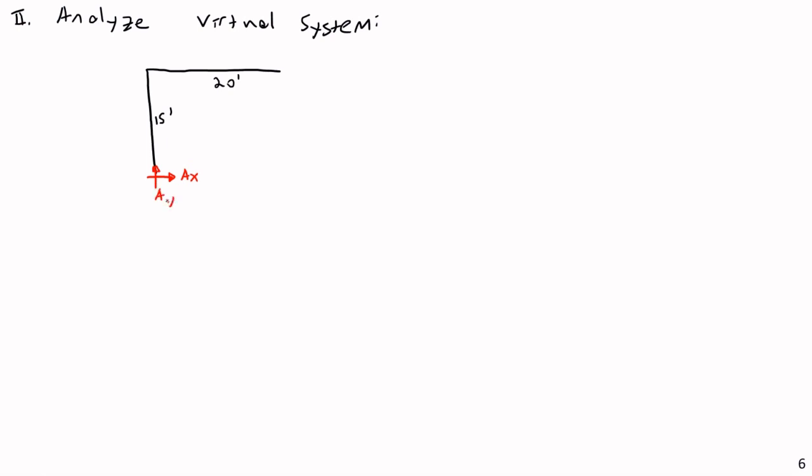Well, they won't be the same magnitude, sorry. If we have a pin in the real system, we'll have a pin in the virtual system. If we have a roller in the real system, we'll have a roller in the virtual system. So if you have an AX in one, you'll have an AX in the other, although the magnitudes of each, and possibly the directions, will be quite different.